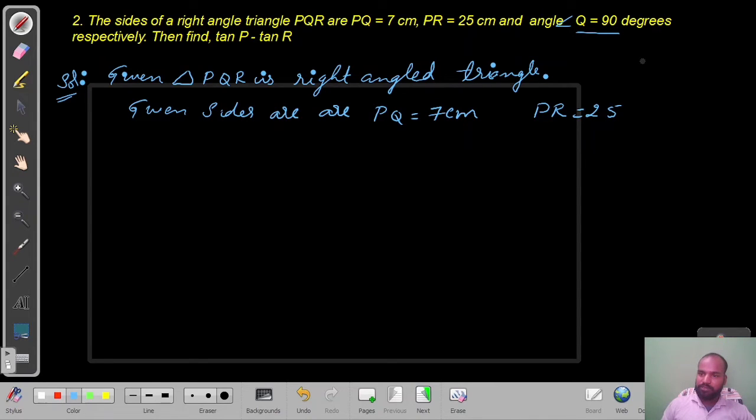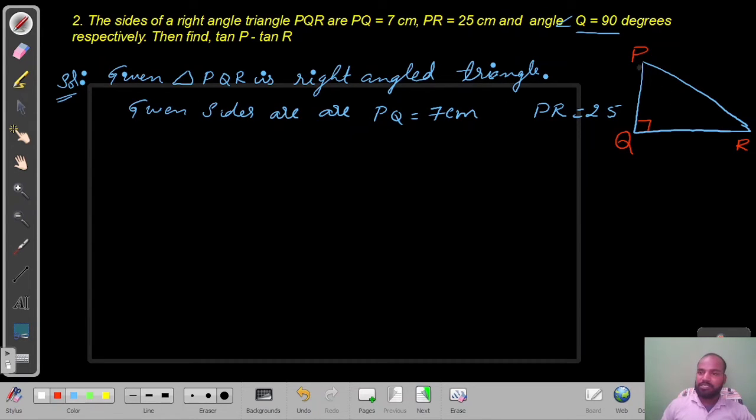So now I am drawing one diagram. Right angle at Q is given. This is our Q, at the right angle. Next, P is here, and this is our R. PQR, right? What is given here?